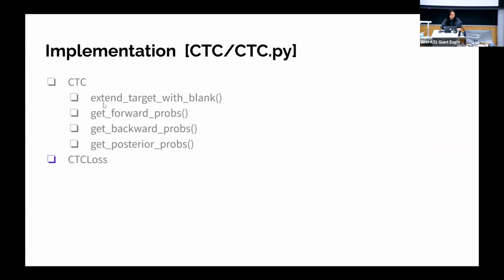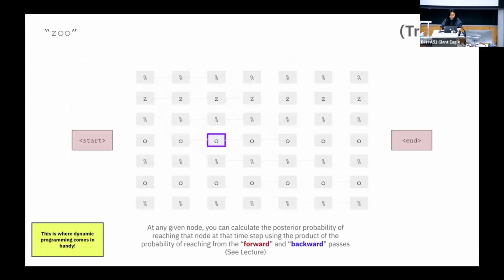You first extend the target sequence with blanks, as we showed before, to deal with the problem of repetition, and then we calculate the forward and backward probabilities. Then we use them to calculate the posterior probabilities. Then we plug the posterior probabilities in to calculate the CTC loss. Okay, then let's see how it actually works under the hood.